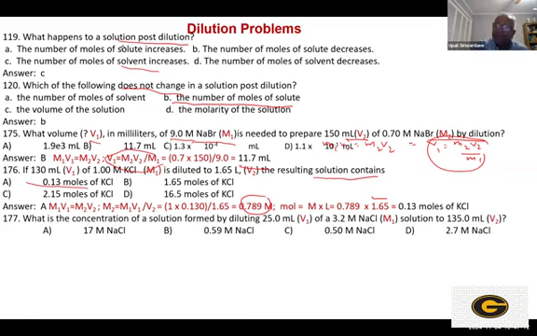These are dilution problems. You find out what is unknown and calculate. In this case, if you read the problem, M1, V1 is the initial solution. Final solution is V2.